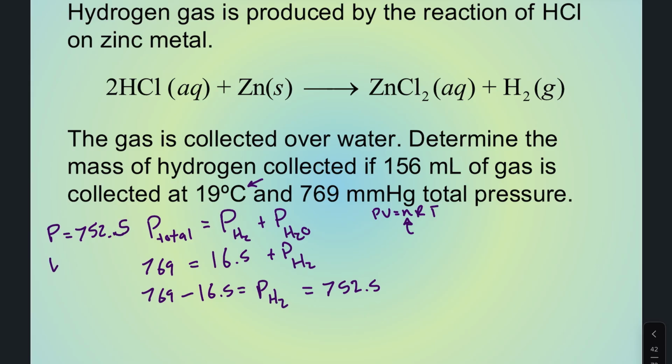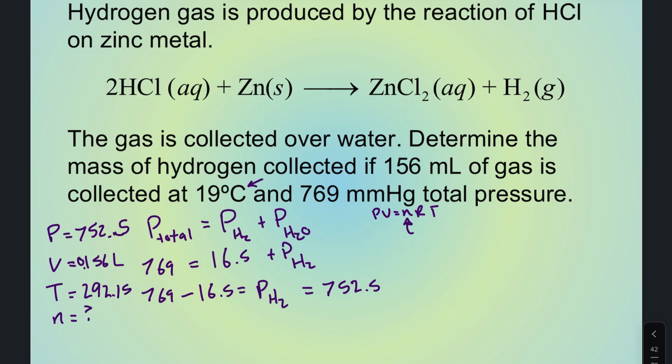Our V is going to be 156 milliliters, so 0.156 liters. Quick conversion there. Our T is going to be 19 plus 273, and that gives us 292.15. And our n is what we're looking for.